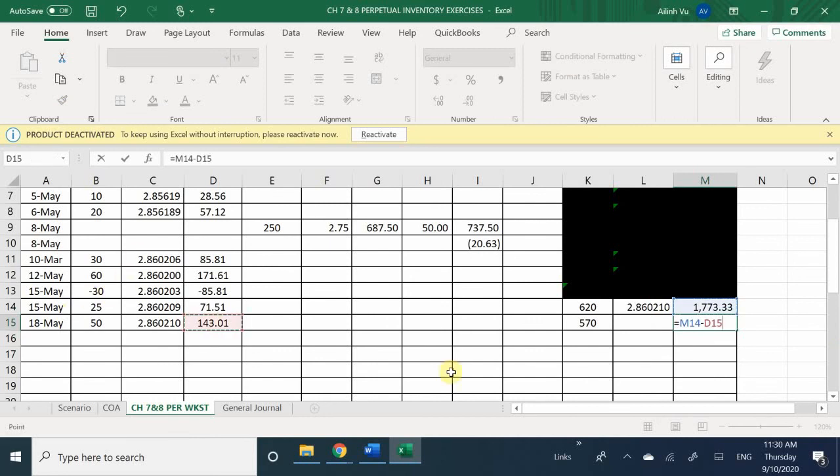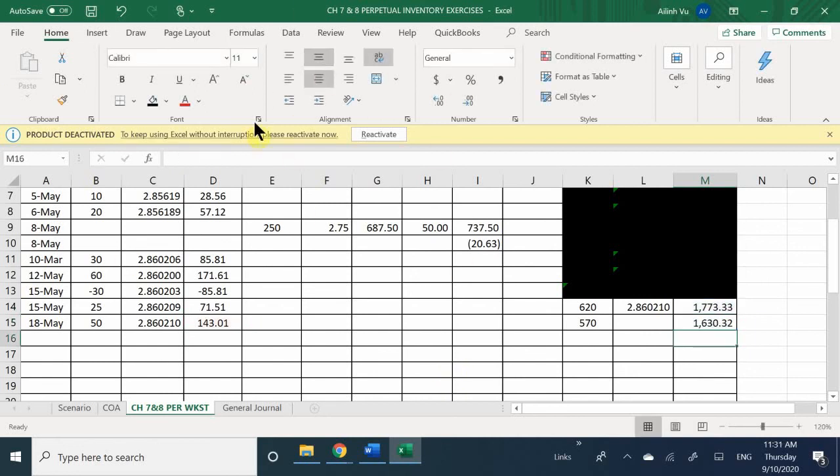We're going to subtract that from our 1773.33, and we should get our 1630.32. So what is my average cost per item now? 2.860211. Okay, good. So it changed by a 10,000th of a penny.